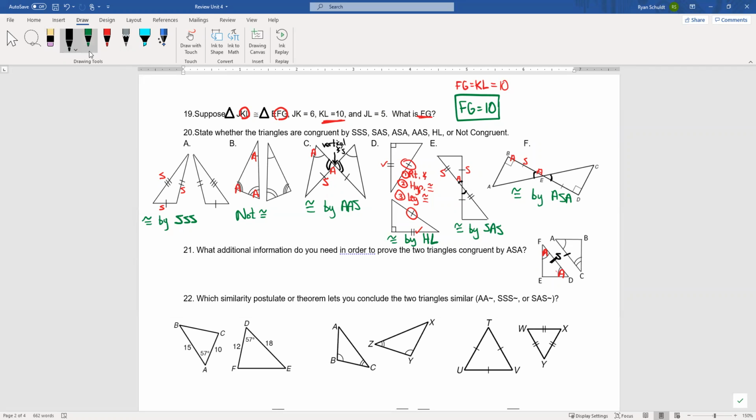So what I really need to know for sure is that FD is congruent to AC. I think I said that backwards. Yep, I did. FD is congruent to CA. I have to know that to use angle, side, angle.